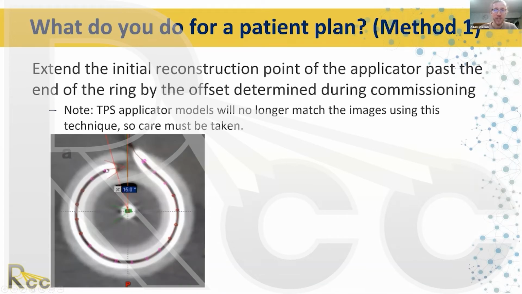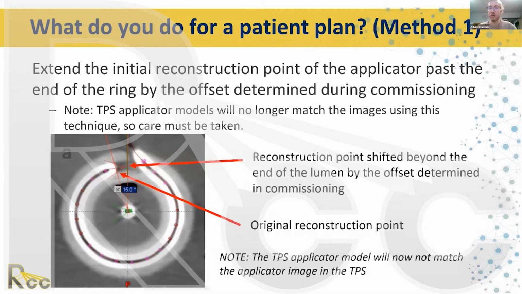So in this example, instead of reconstructing at the inner lumen, we've reconstructed further, for example, 5 millimeters as in the case that I commissioned. This ring may behave differently, maybe it's 3 millimeters, but whatever offset you determined in commissioning, it won't necessarily be 5 millimeters. Now the TPS applicator model will not match the applicator image in the TPS.